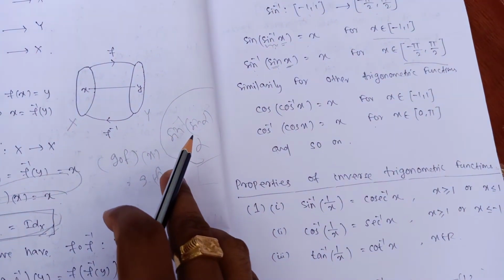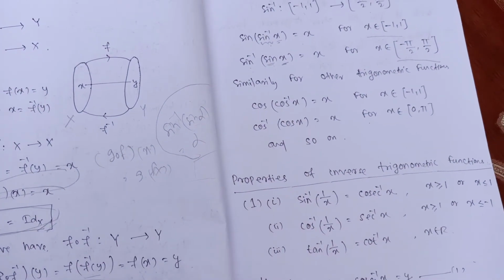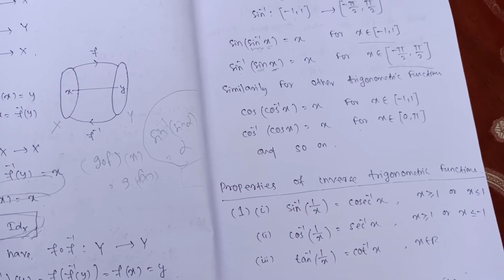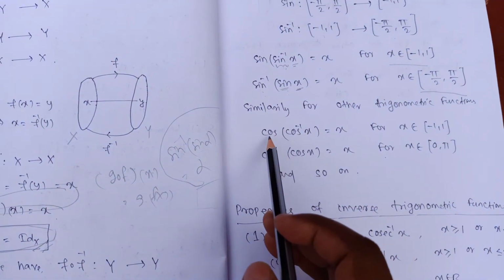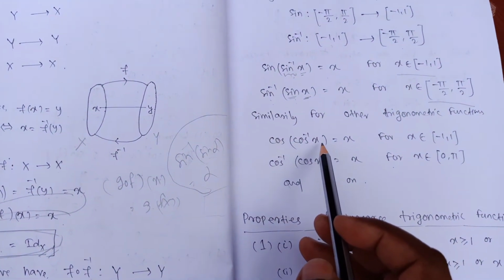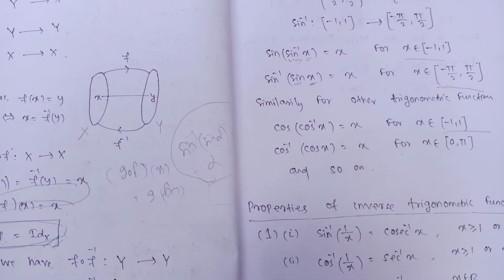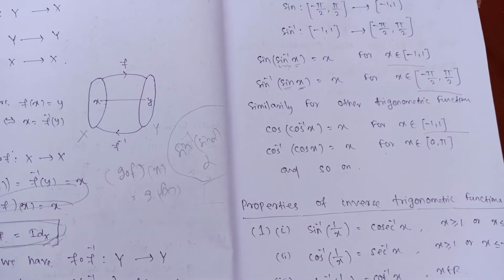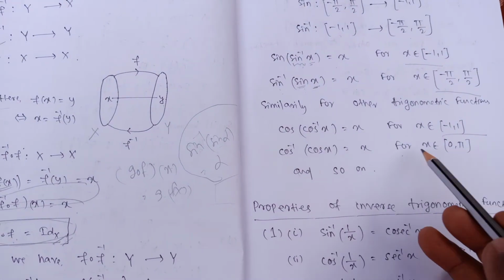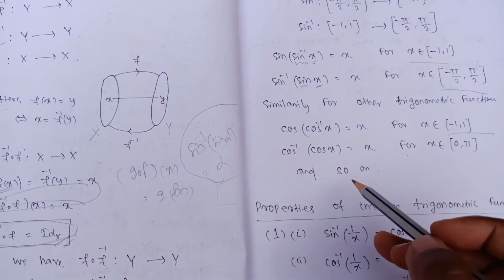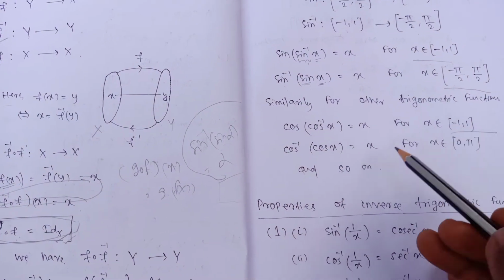And remember, we are discussing the principal value branch. Similarly, here you have cos and cos inverse cancel out only when x belongs to the domain of cos inverse, and cos inverse of cos will be cancelled out if x belongs to the domain of cos. Similarly, you have it for other trigonometric functions.